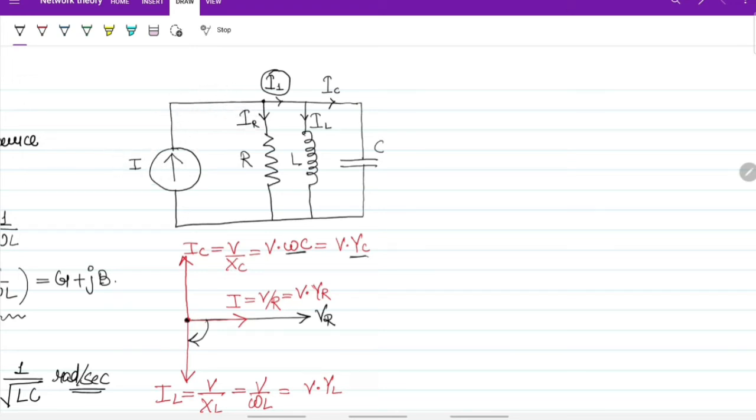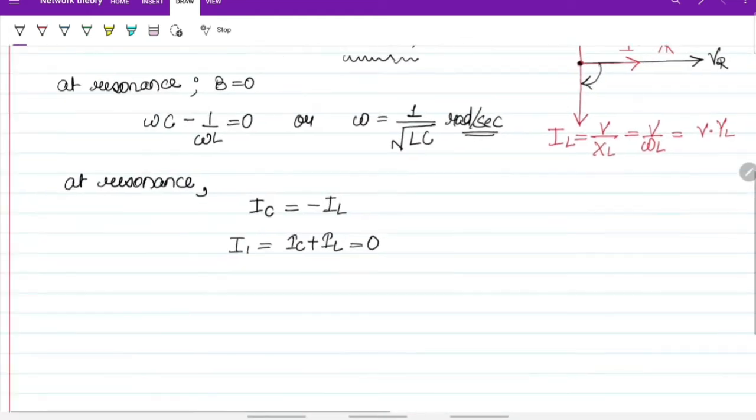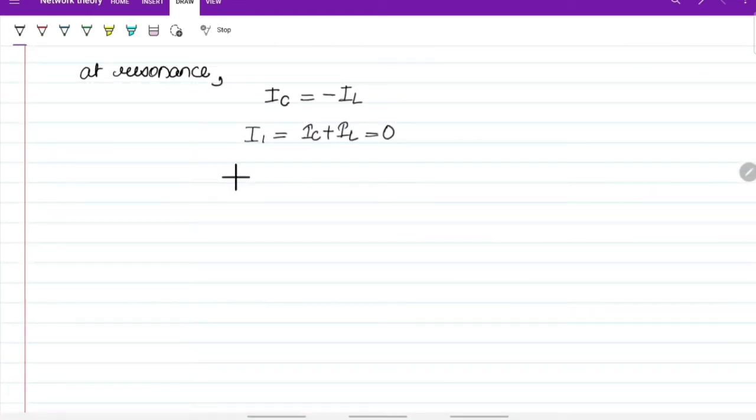So at resonance your current I will become equal to IR and the circuit will behave exactly as a resistive circuit.